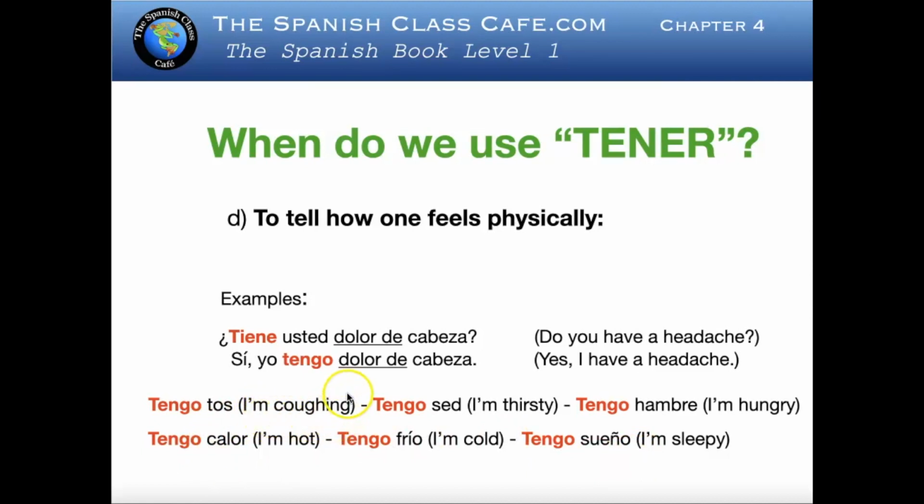I am coughing, with ing. Now we use the verb tener with a noun, because tos, sed, hambre, calor, frío, sueño, they are nouns. You have to make sure that you don't grab the adjective, because we don't use the adjectives with tener in here.